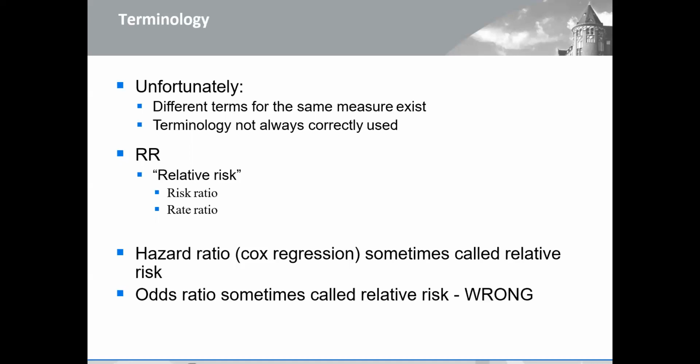Just understand the hazard ratio is an example of a relative risk, and we use it when you're analyzing survival data. So I think for this first part we'll end here. Then we'll discuss the attributable risk and attributable fraction in the next lecture.